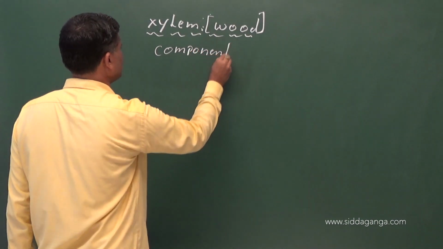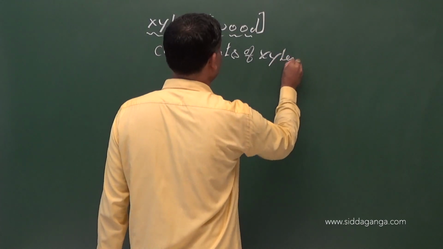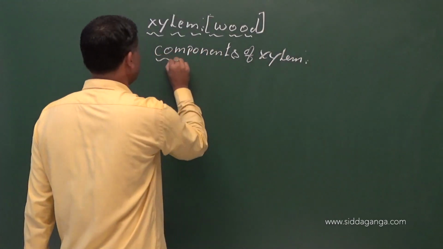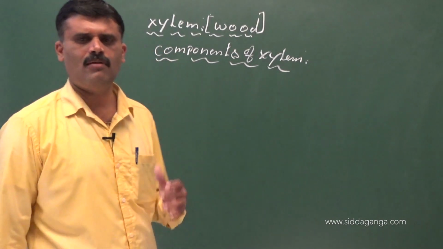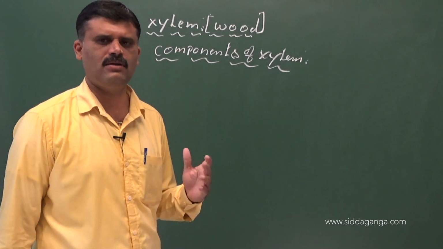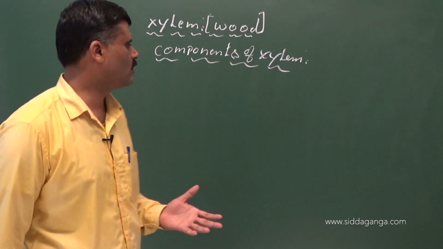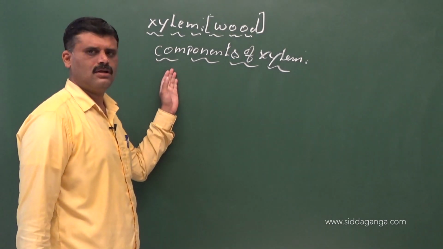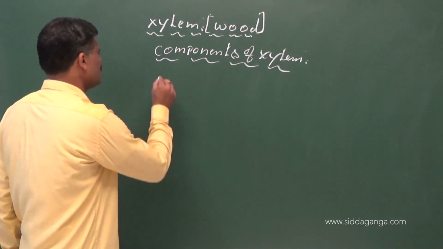Next, components of xylem. So we know that xylem is a complex tissue. So it is made up of heterogeneous masses of cells, that is different types of cells. The different types of cells are called the components of xylem.